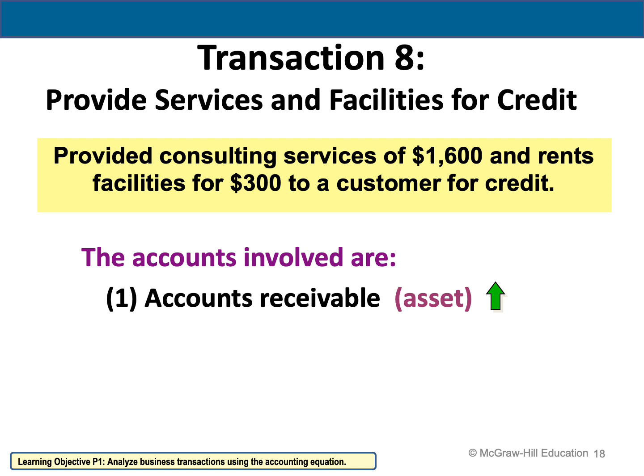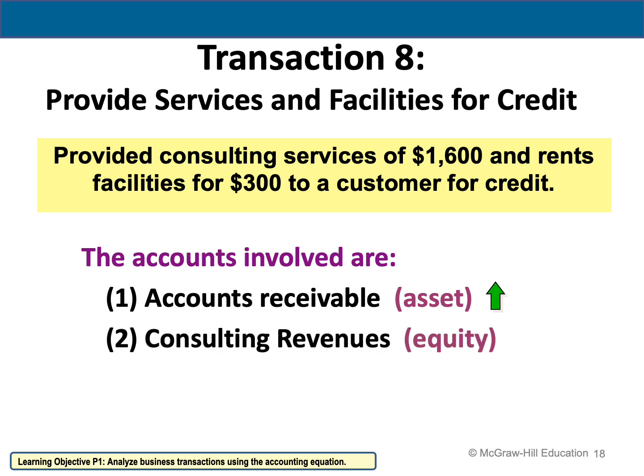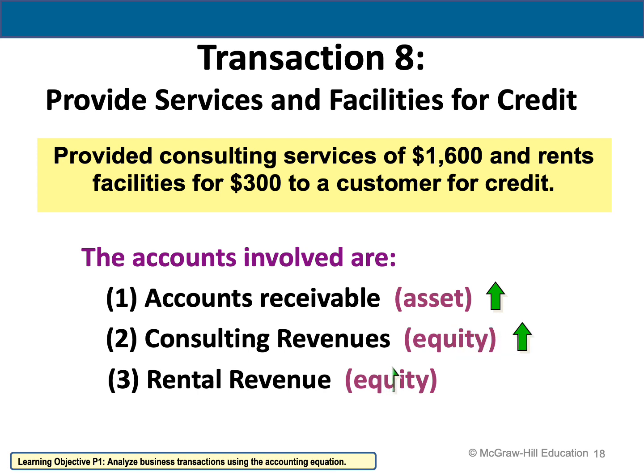And because the service is completed already, I'm going to record it as revenue, consulting revenue, because the company provided two types of service, consulting and rental. So I have two types of revenues, consulting revenues and rental revenues, and all three of these accounts are increasing.